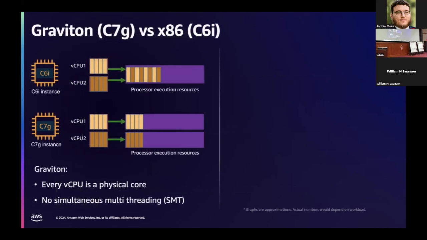One other thing to note is we've done a lot of architectural improvements with Graviton, but the fundamental improvement comes from the fact that every vCPU in the ARM architecture in the Graviton world is a physical core, compared to the x86 variants, where every 2 vCPUs form a physical core. So the performance improvements seen are purely attributed to that, but also there is no simultaneous multi-threading concept.